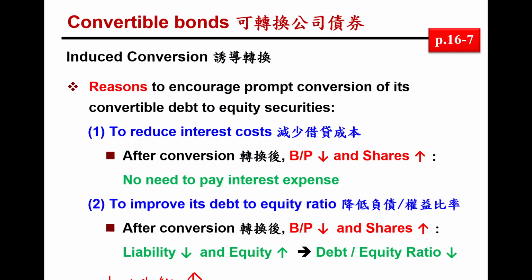What if someday your company doesn't have enough money to pay the liability? Then your company has a financial crisis, right? So usually liability too high means your company's risk is too high. Okay? So when your risk is too high, it means what? No one wants to lend you money, right? Because you have too high liabilities. Is it easier to find someone to lend you more money? Impossible, right? So it's difficult to borrow money.